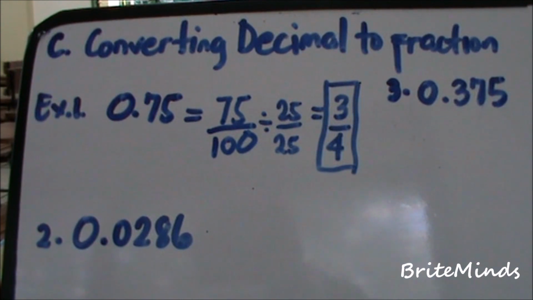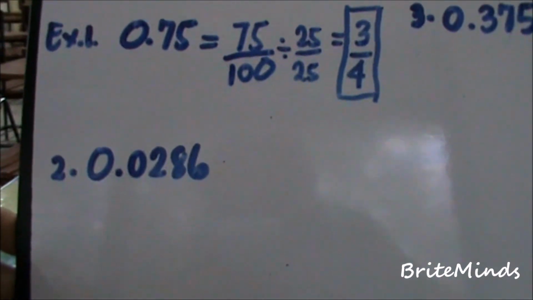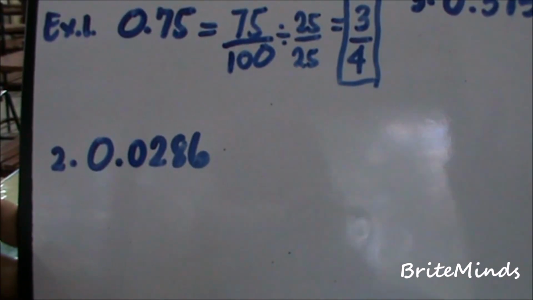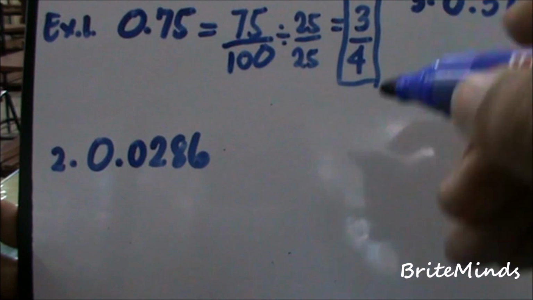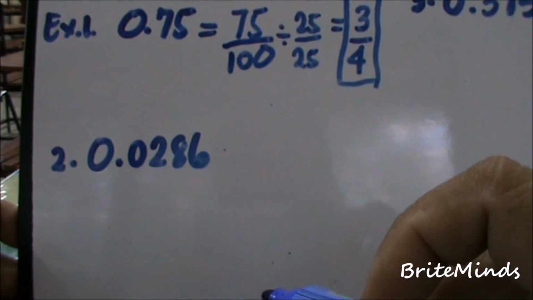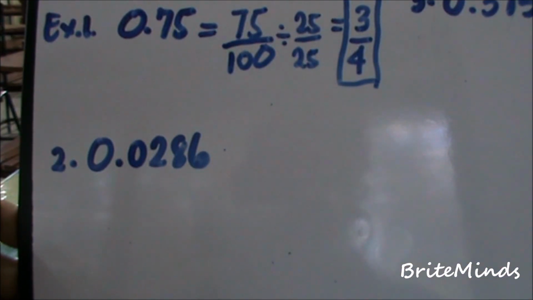Okay, so another example. We have here 0.0286, or we can read it as 286 ten-thousandths.